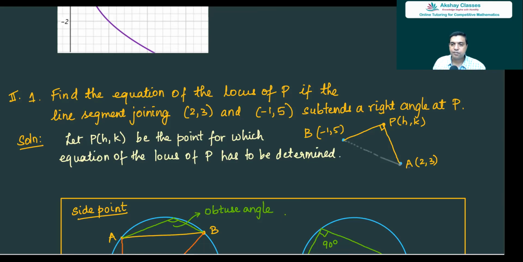So let A be (2, 3), the given point, and B be (-1, 5).